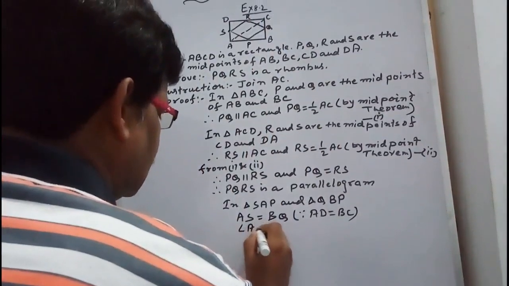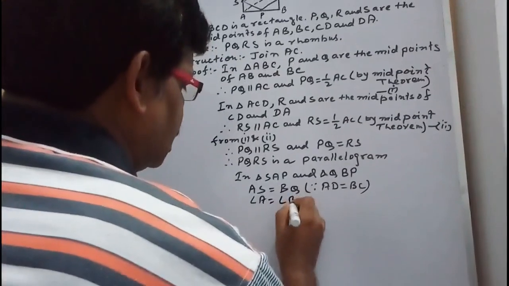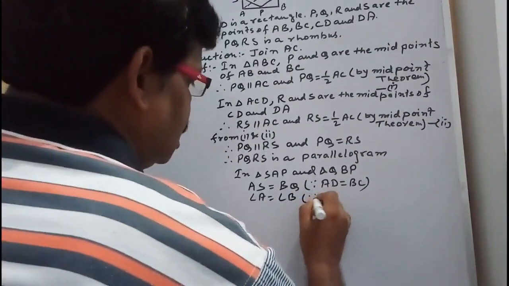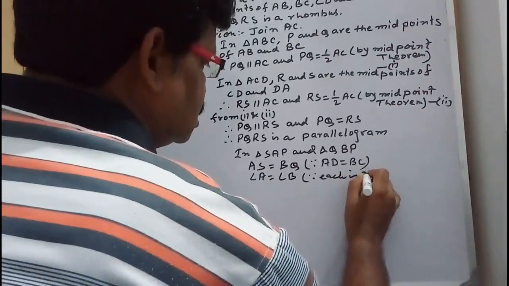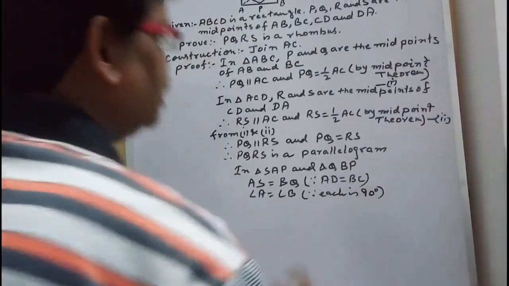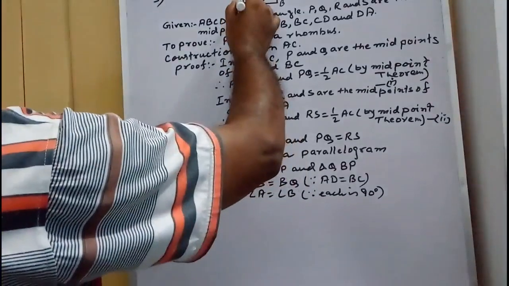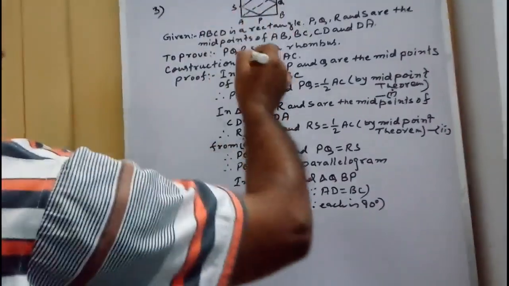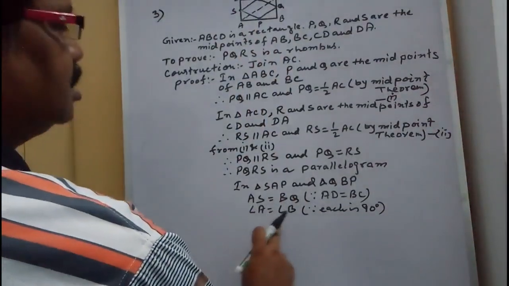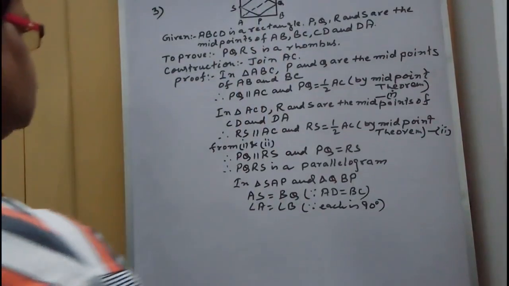Angle A is equal to angle B, each is 90 degrees. In a rectangle, each angle is 90 degrees.